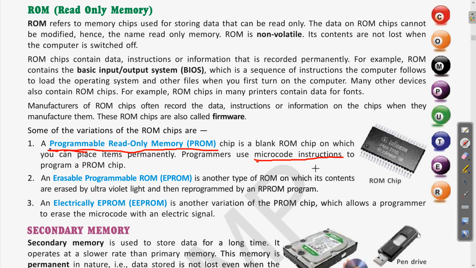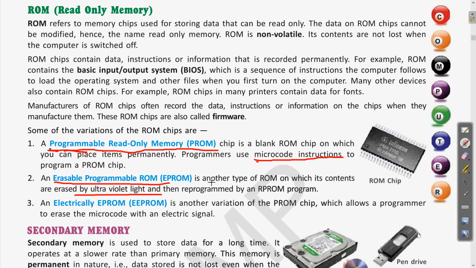Clear? Next is EPROM. So EPROM stands for Erasable Programmable ROM. Let us see what this is. EPROM is another type of ROM whose contents are erased by ultraviolet light and then reprogrammed by an EPROM program.